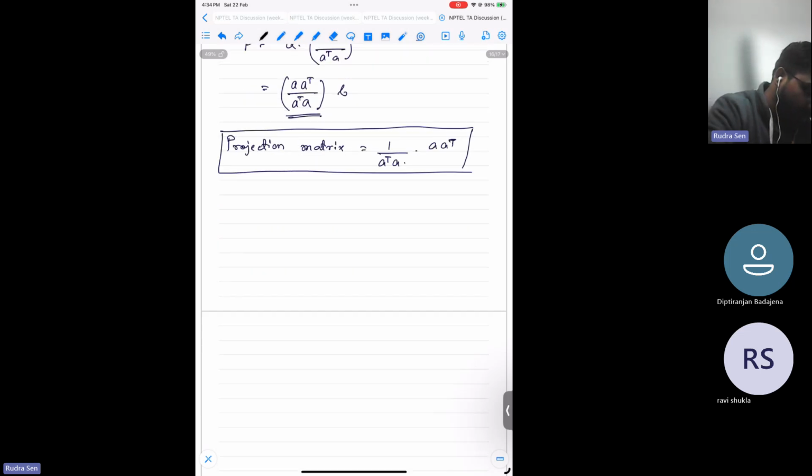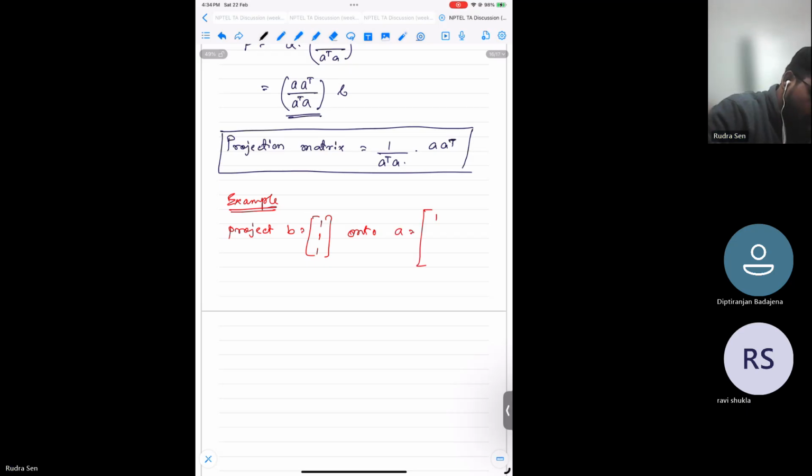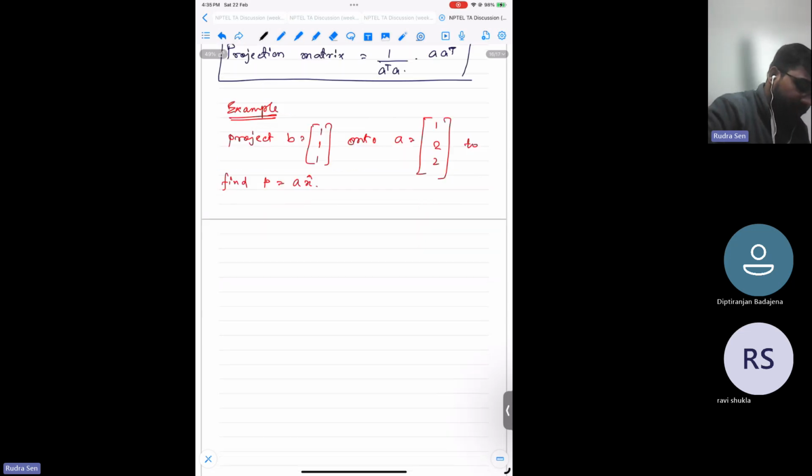Before stopping, let me do one example of projection. Project B onto A to find P equals A x hat.